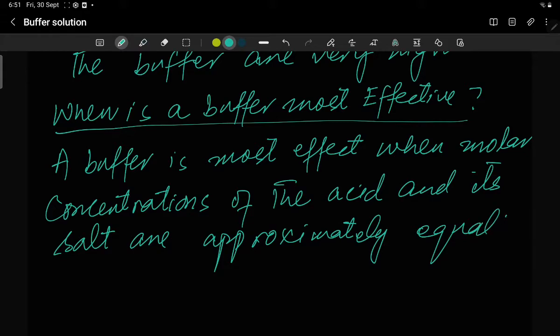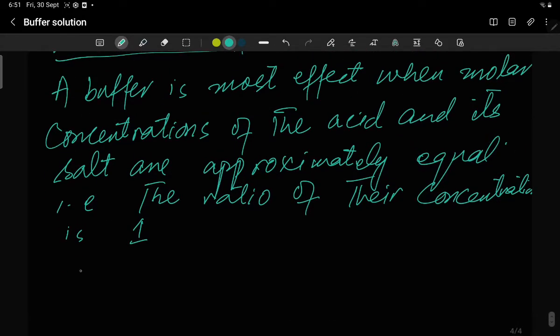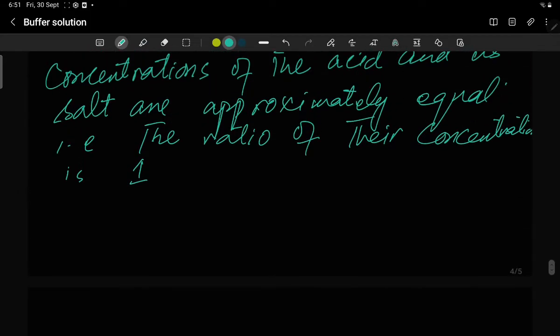That is, the ratio of their concentrations is 1. In this solution, both the acid and its salt have maximum relative concentration.